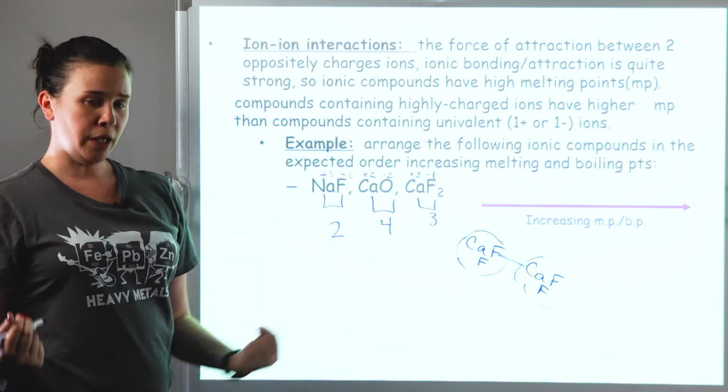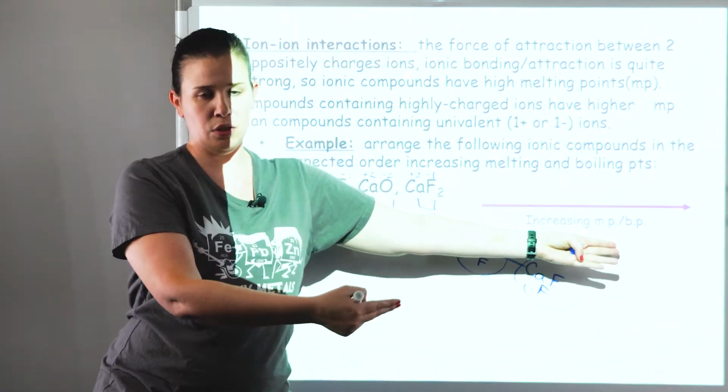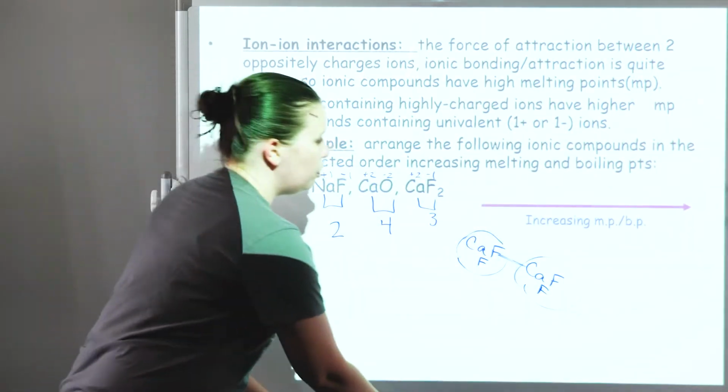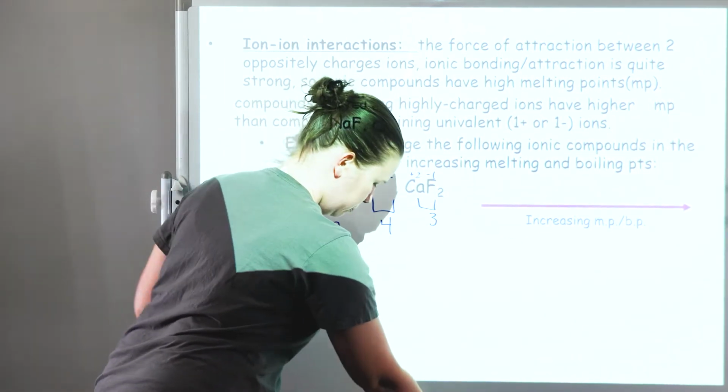Now, the stronger the bond, the more energy would be required to break that bond, which is going to lead to higher melting points and boiling points. And that's an important connection. So I want to make note of that on the bottom of the screen here.